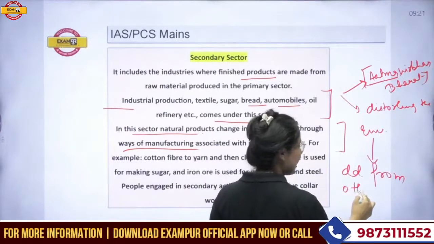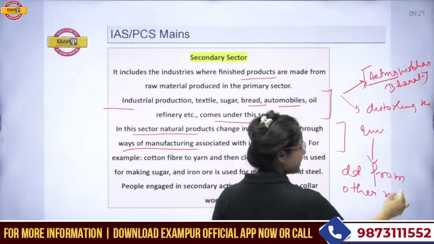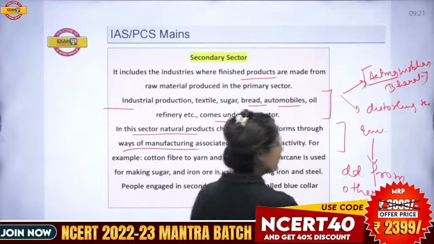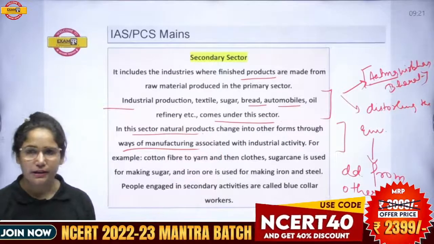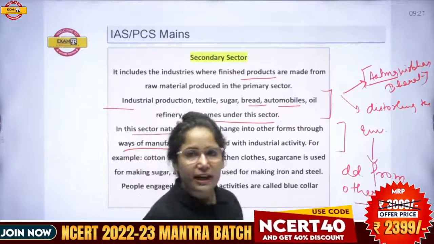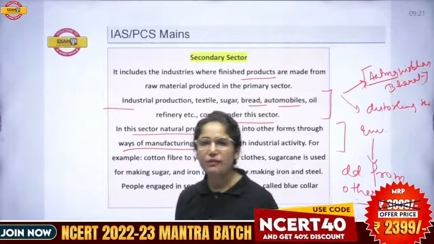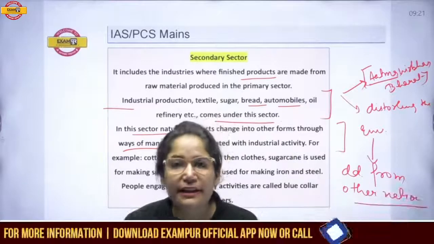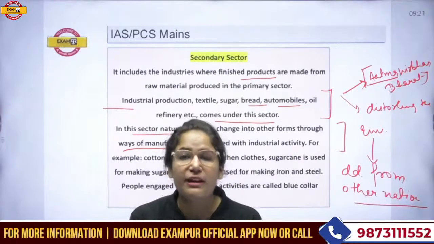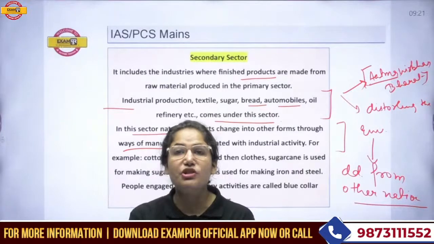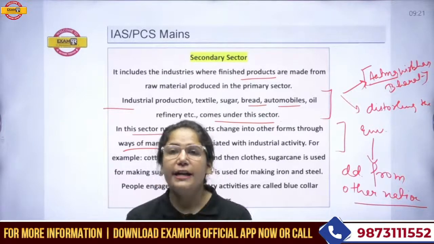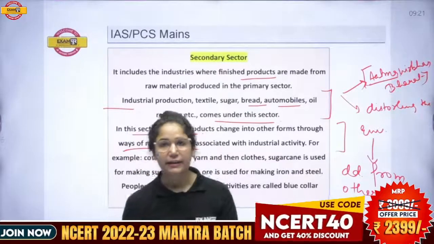From other nations, we are raising our dependence for the intermediate stage on other countries. Okay, if we are just demanding goods which are intermediate in character, like solar panels, from other countries, they can establish more and more margin out of that intermediate material.